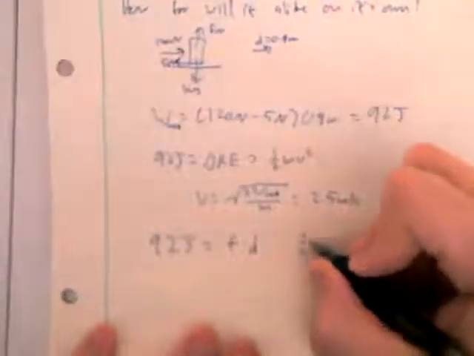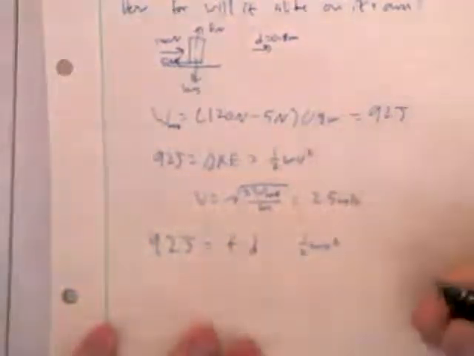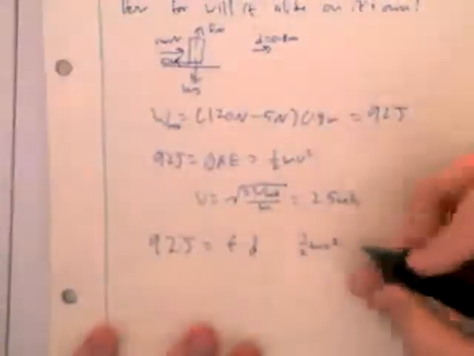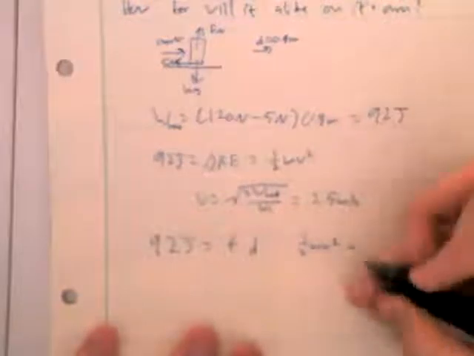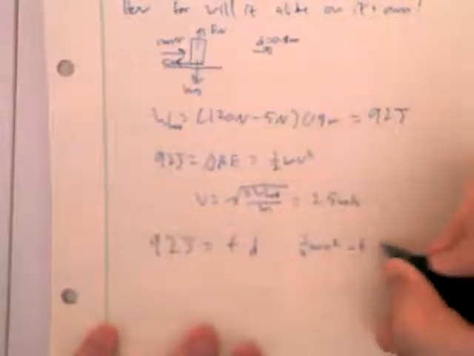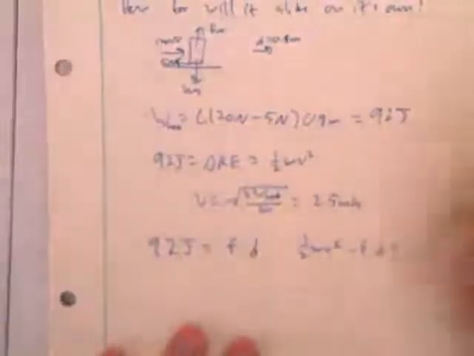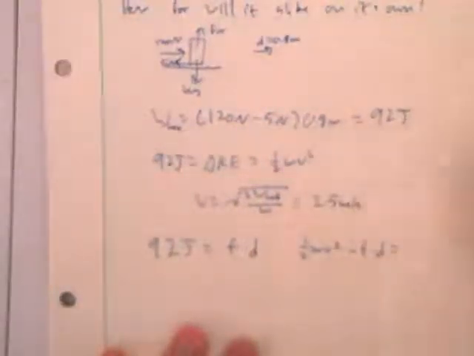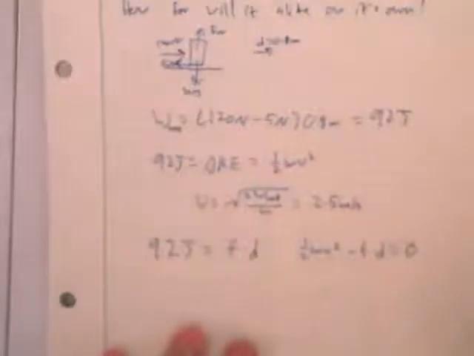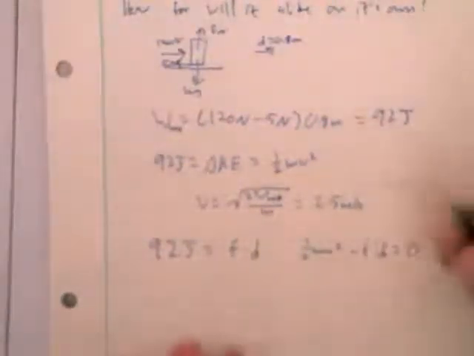We started with 1/2 mv squared worth of kinetic energy, and then we subtract the work done by friction, the force times the distance, and this equals 0, because after it comes to a stop there's no potential energy and no kinetic energy. Either way you do it, you'll end up with the same result, right?